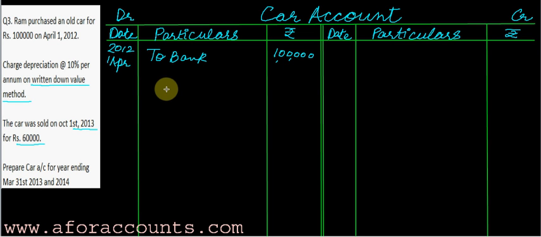So for the first year, we have to just mark depreciation. It will be 2013 here, and the date will be 31st March, and your entry will be depreciation account debit to car, so it will be by depreciation.